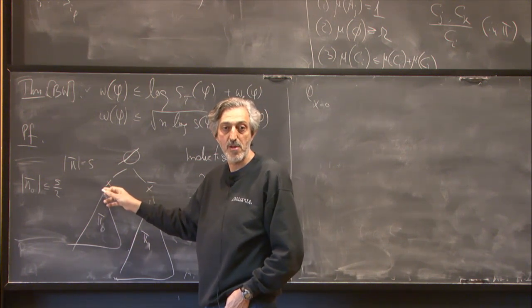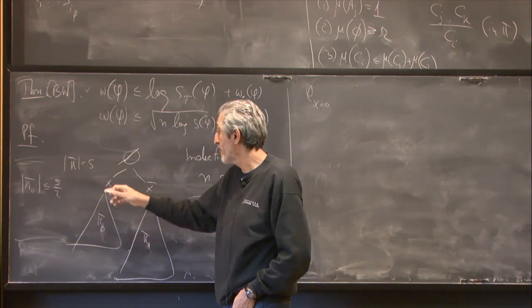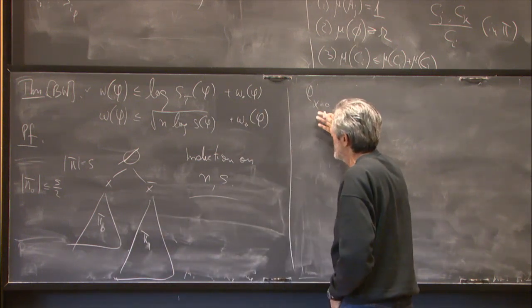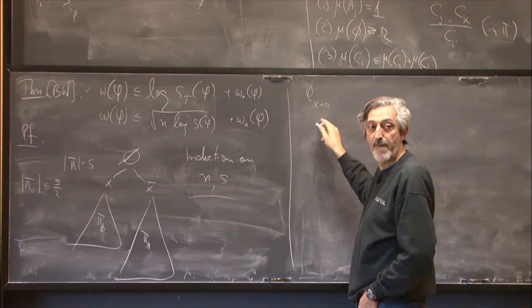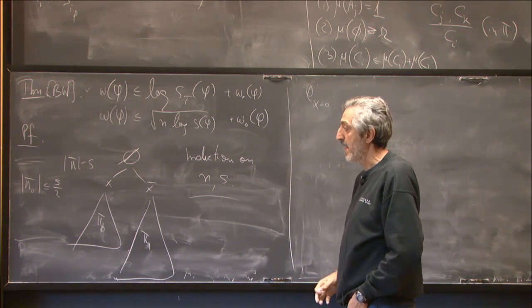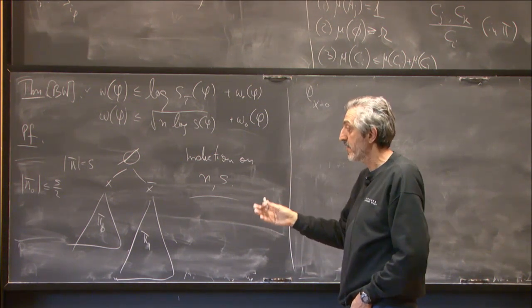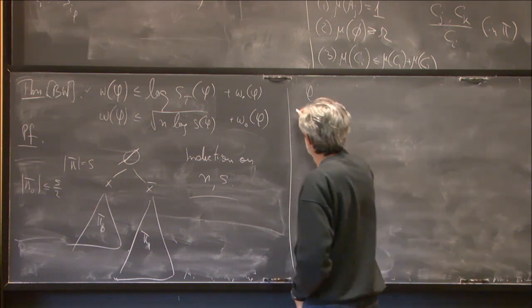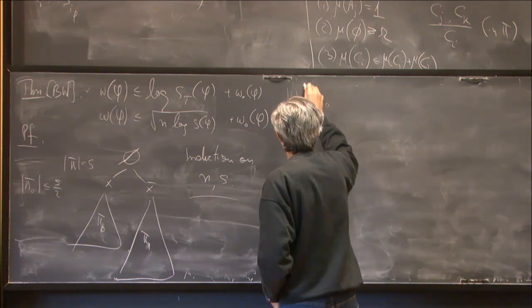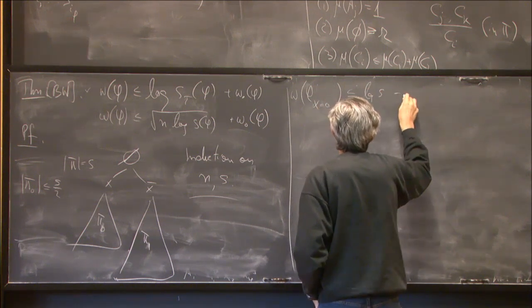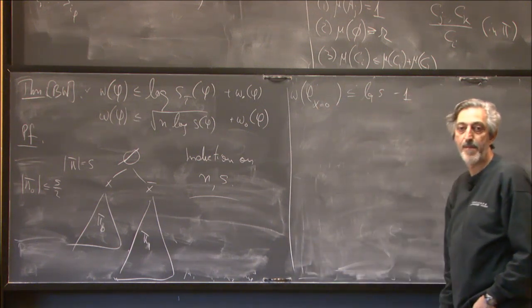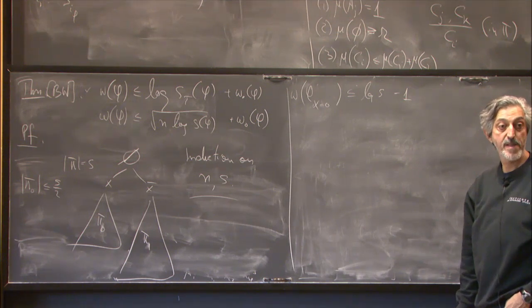We prove a contradiction, right? So pi 0 can be viewed as proving this statement, right? And pi 0 is of length S over 2, so we know that the width of this is at most log S minus 1, just by induction.